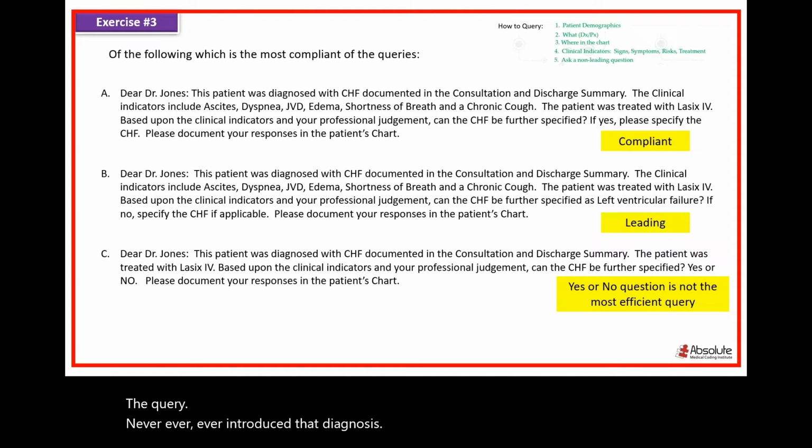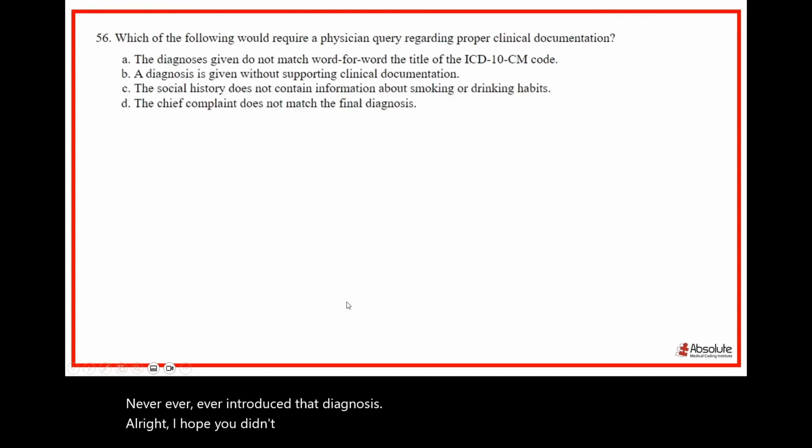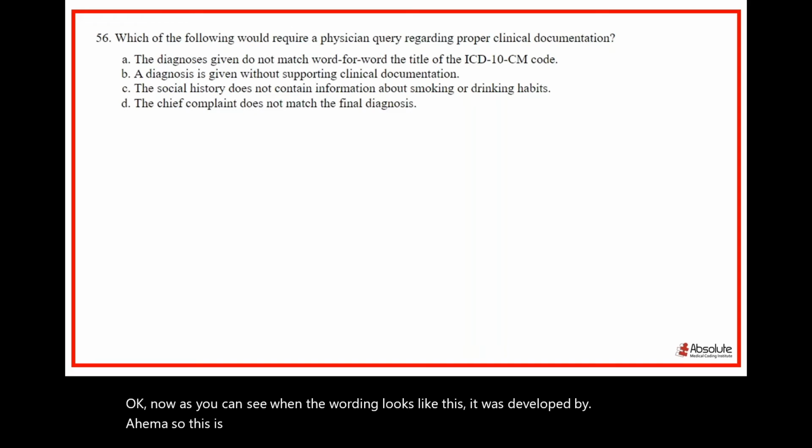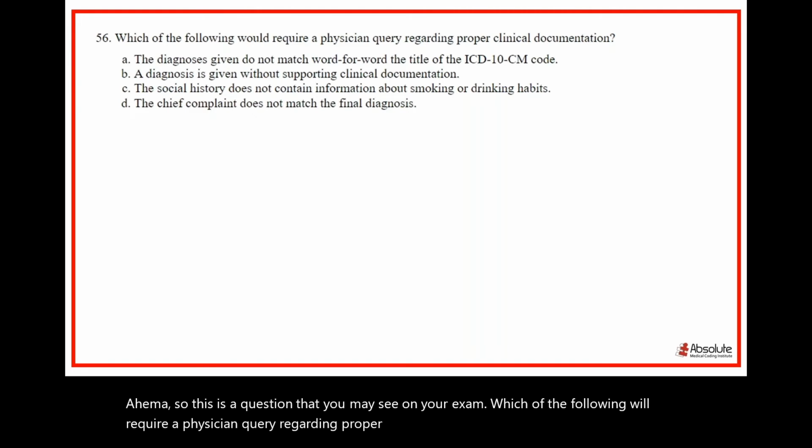All right. I hope you didn't see that answer. Now, as you can see, when the wording looks like this, you know it was developed by AHIMA. So this is a question that you may see on your exam. Which of the following would require a physician query regarding proper clinical documentation?